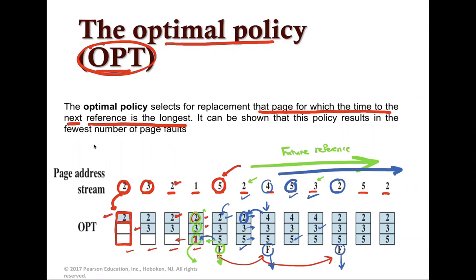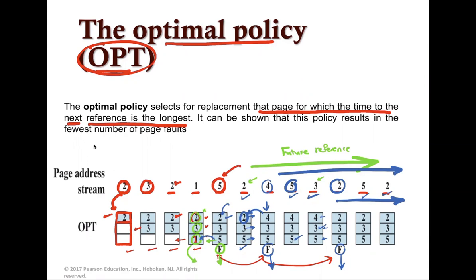And we need to decide, are we replacing 4 or 3 or 5? Again, we need to look ahead to the next one. If you look ahead here, the next one is 5, so I'm not going to replace 5. And then 2 is the next one.